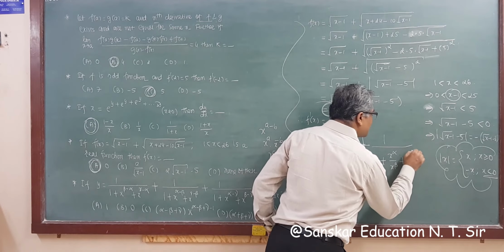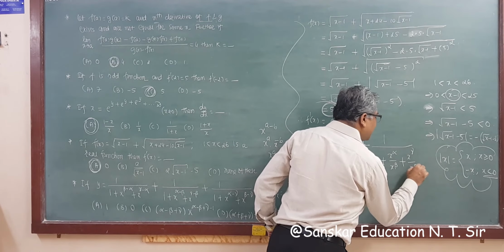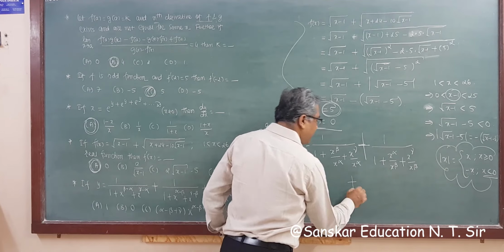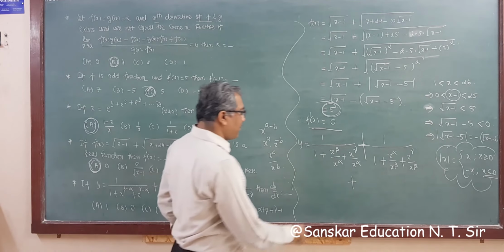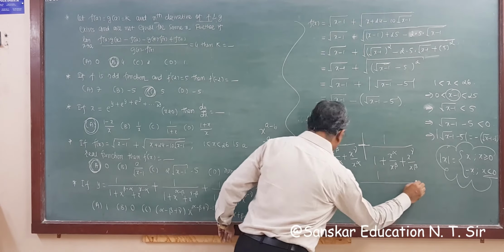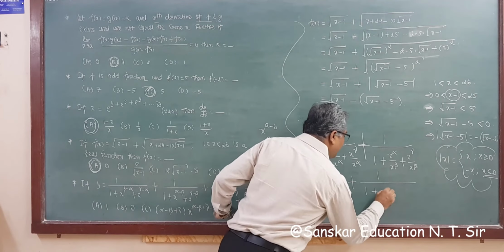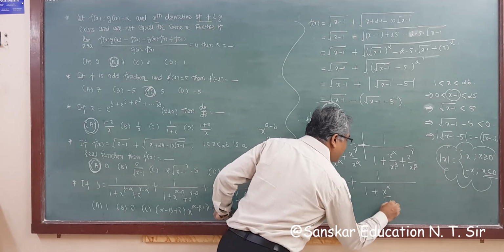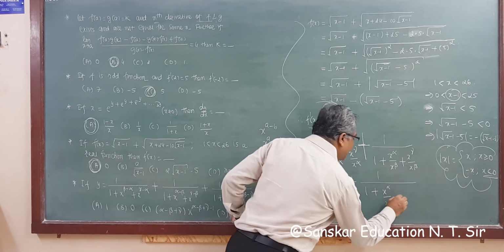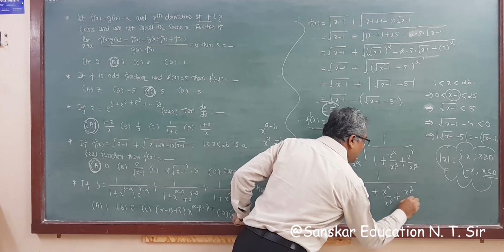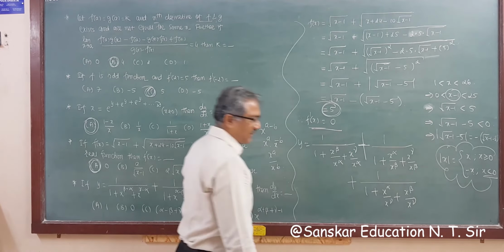Then plus this is 1 upon 1 plus x raised to alpha upon x raised to gamma plus x raised to beta upon x raised to gamma, right?